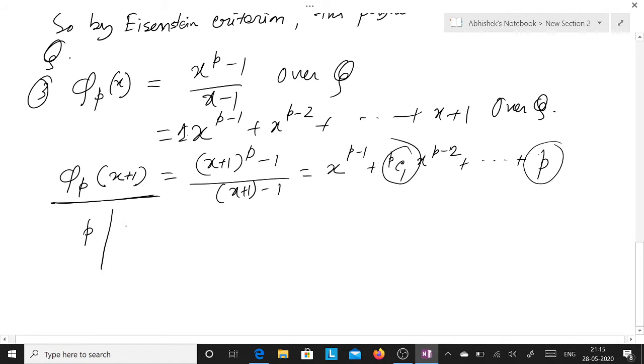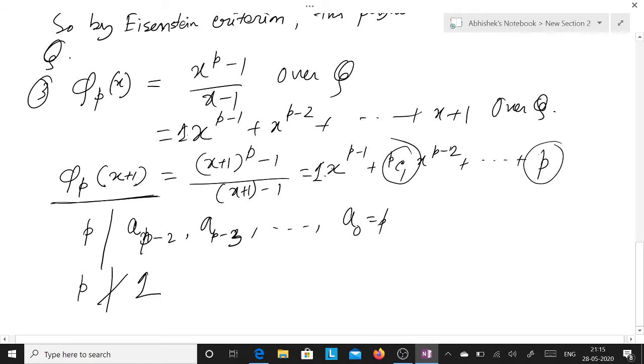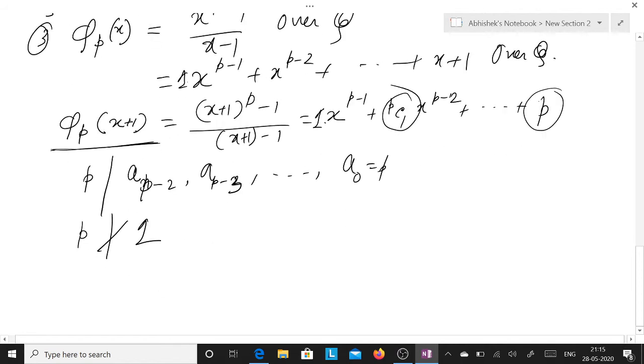So p will divide all those coefficients from a p minus 2, a p minus 3 and so on, and the last one is a naught, which is p. And p will not divide 1, because the leading coefficient is 1 here.